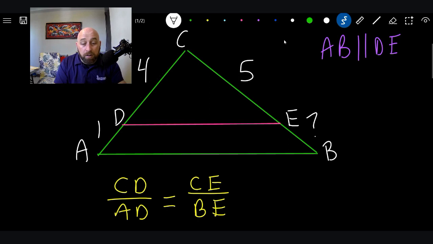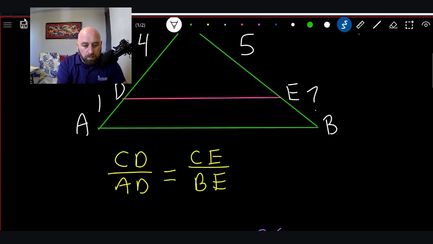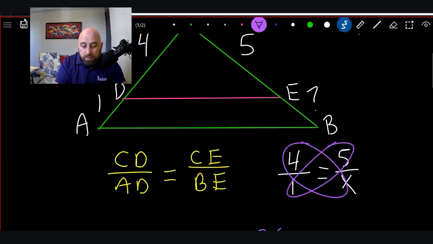So let's go ahead and plug our numbers in and see what happens. Let's write in our proportions and match these up. CD is 4, and AD is 1, and that equals the other side, which is CE, 5, and BE, that is our x. Now let's do the means times the extremes. We have 5 times 1 equals 4x.